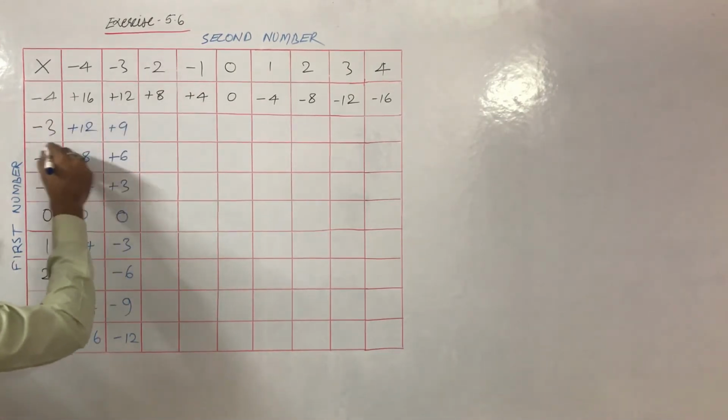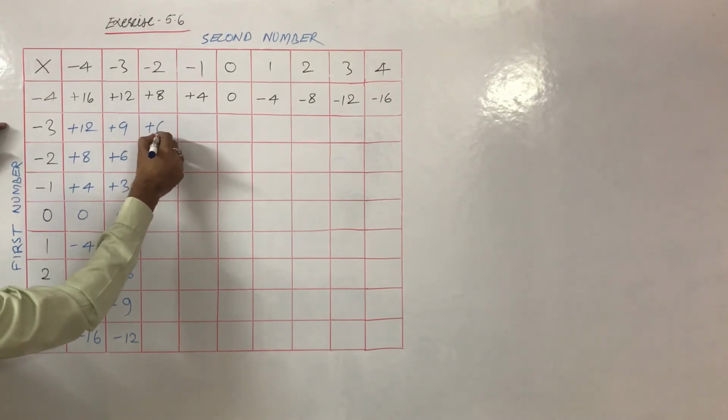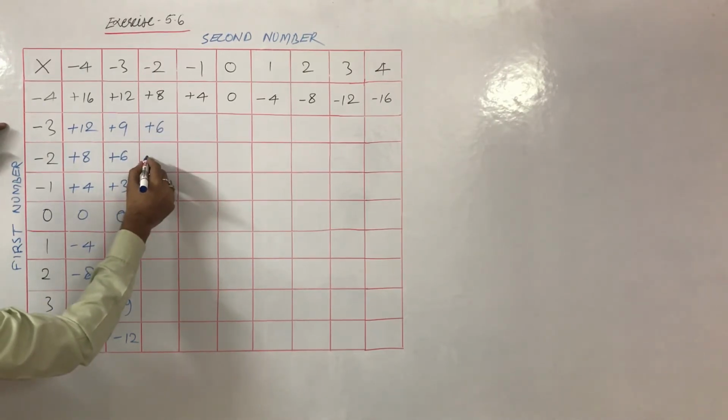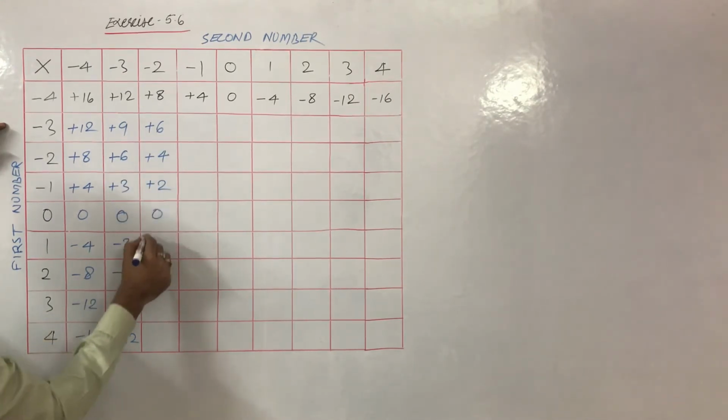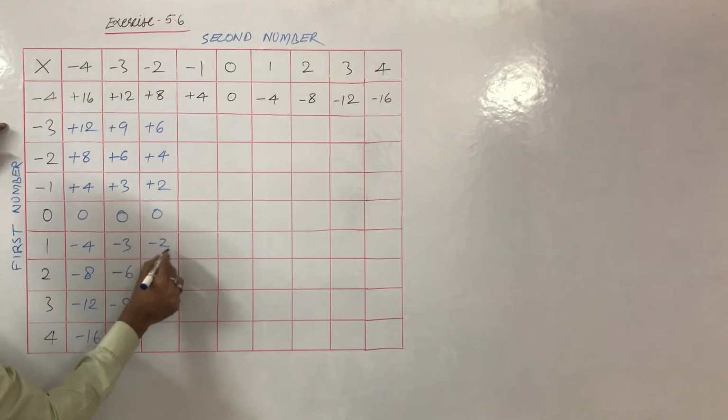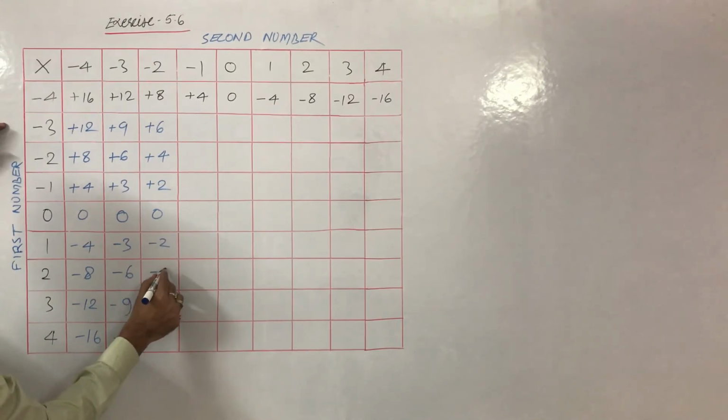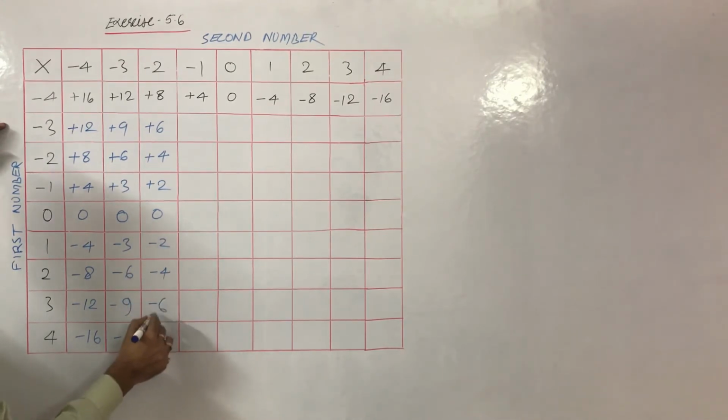Similarly, minus 2 and minus 3 is plus 6, minus 2 and minus 2 is plus 4, minus 2 and minus 1 is plus 2, then 0, minus 2, minus 4, minus 6 and minus 8.